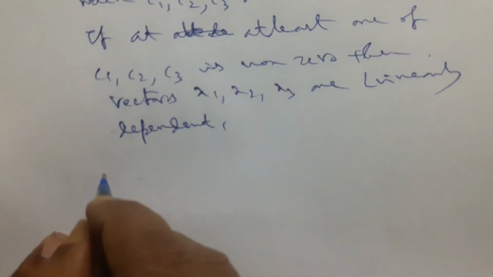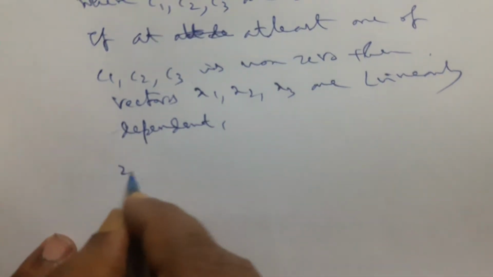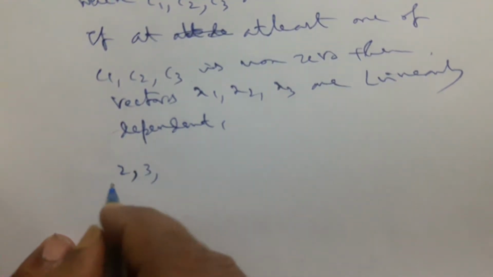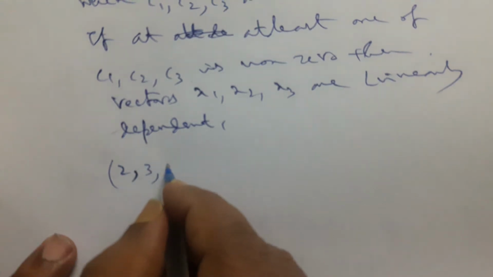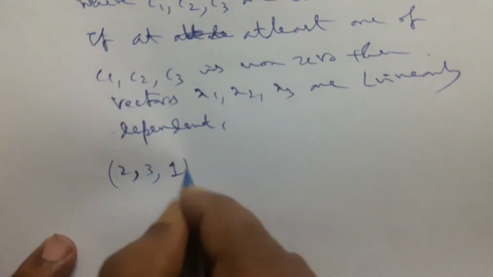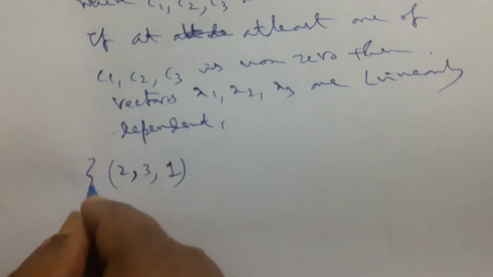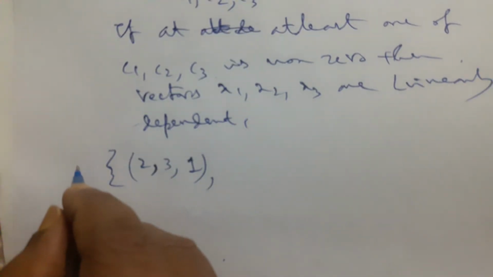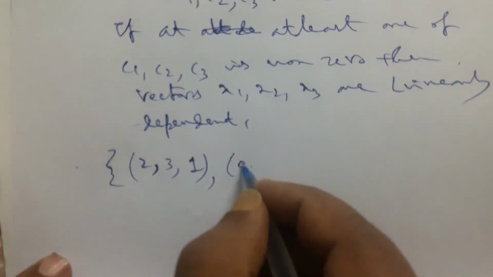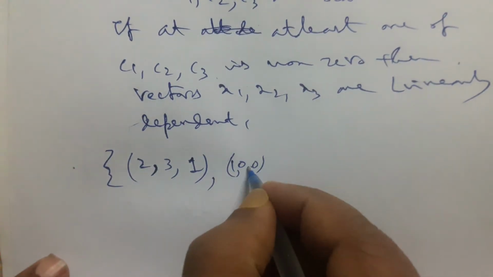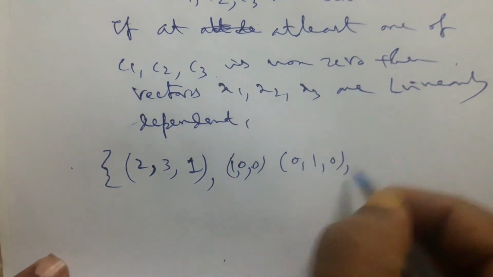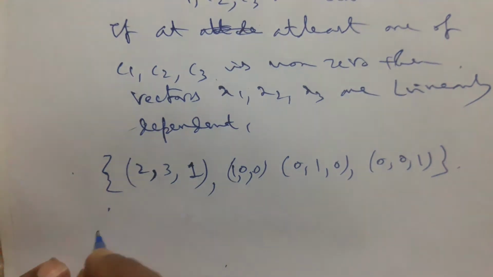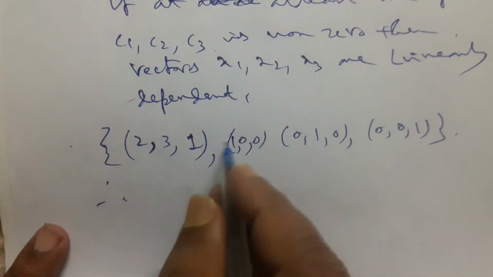Like this, if we consider vectors like 2, 3, 1, and if we consider the standard basis 1, 0, 0, 0, 1, 0 and 0, 0, 1, then we can represent it easily.